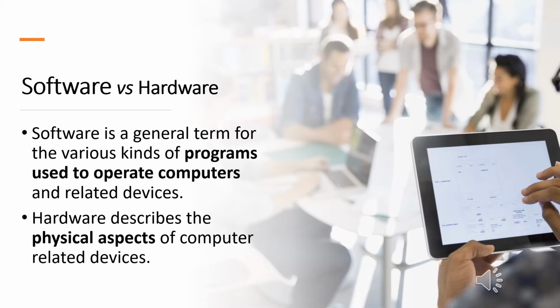And hardware describes the physical aspects of computer related devices, something that you can see, something that is physically present. That is what hardware is all about. I know that you know the distinction, but I thought I'll start in the very pattern that your text discusses it.